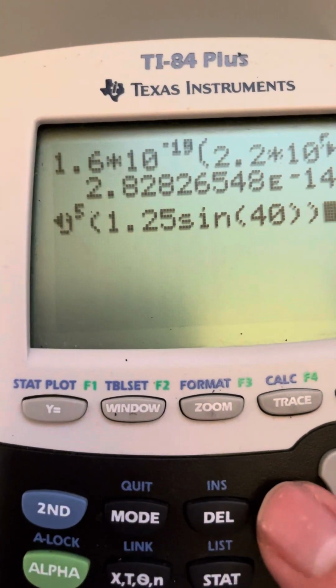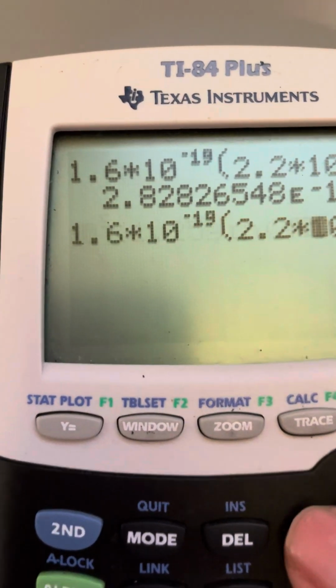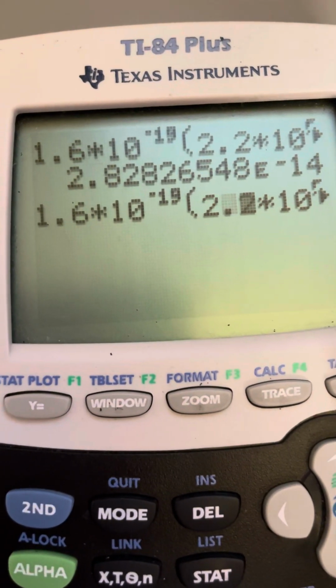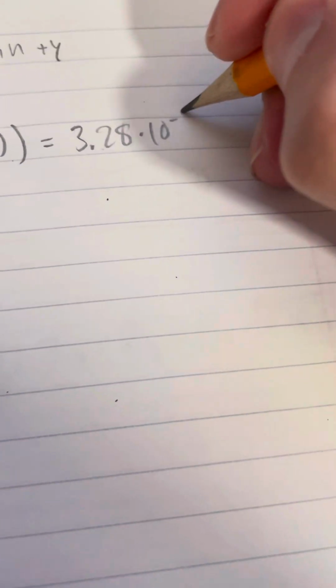Yes, it's supposed to be 3.28 times 10 to the negative 14th newtons. And that's the reason we're negating that charge value, because it's going to be absolute values. So that is going to be our answer for part A.